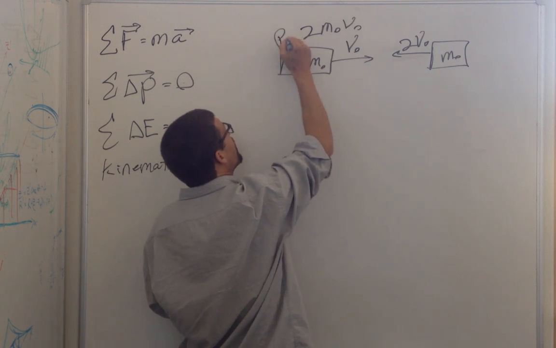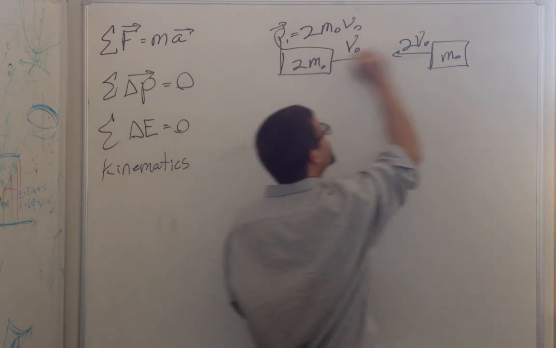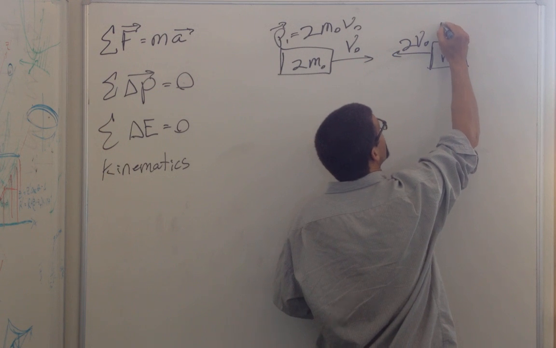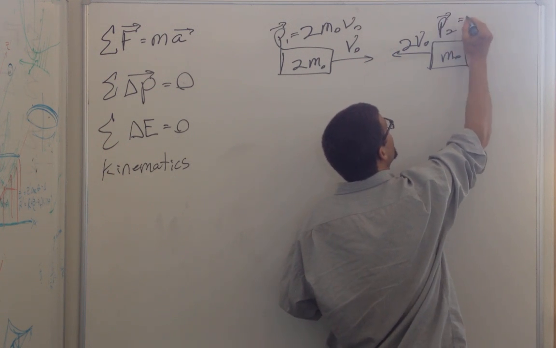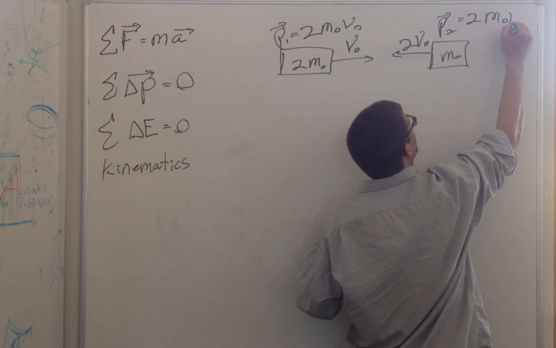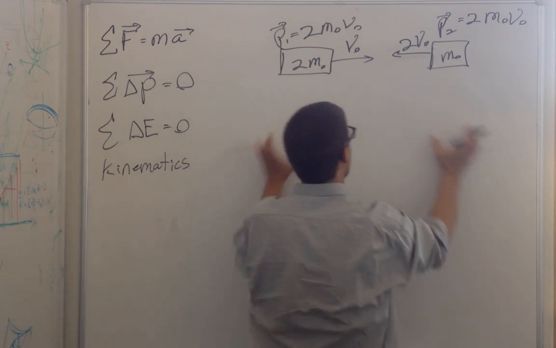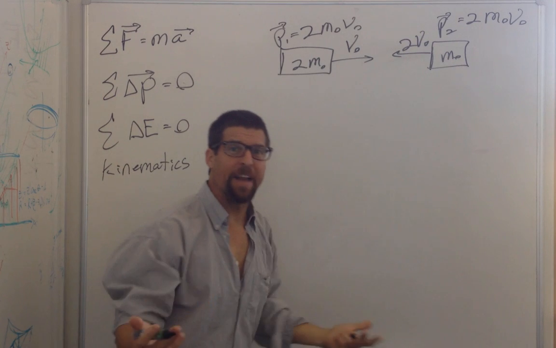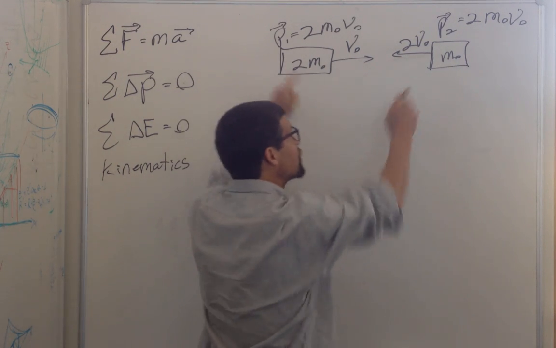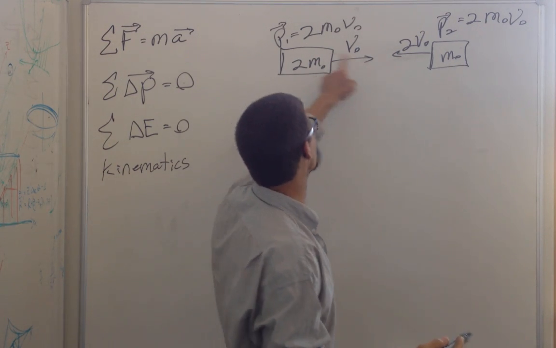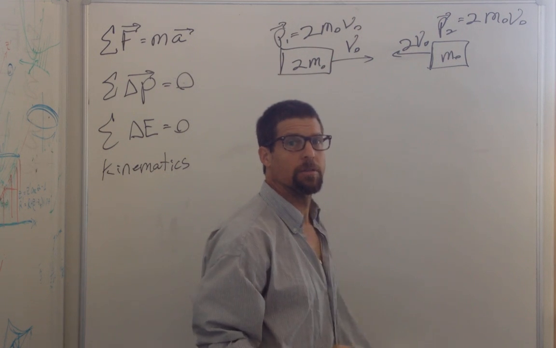Let's call this momentum 1 in this direction, and momentum 2 is 2m0 v0. These are equal and opposite momentum. They collided and stuck, and the final momentum was 0. The initial momentum was also 0 because we add these momenta like vectors.